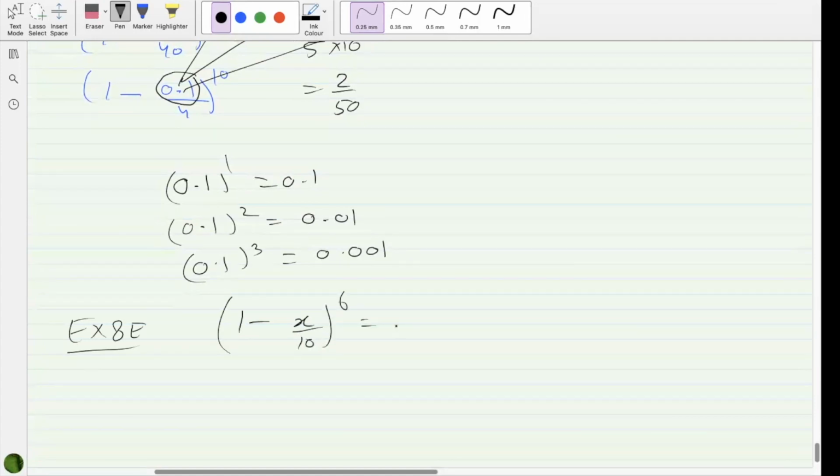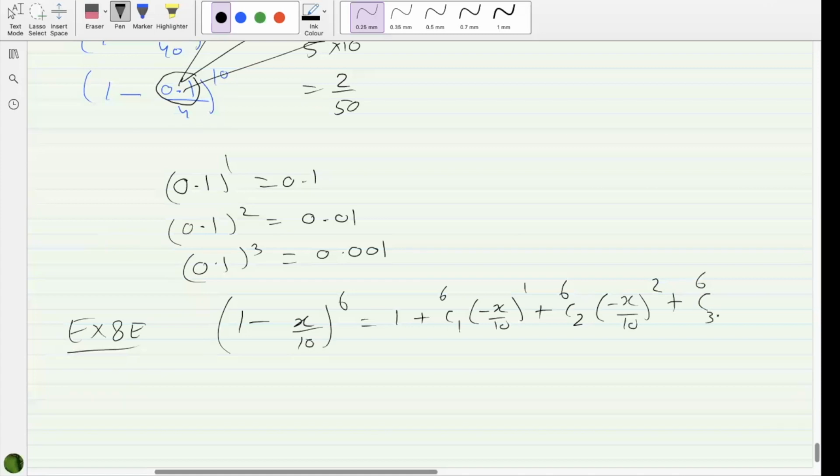We need first 4 terms. So first term plus 6c1 b1 plus 6c2 b2 plus 6c3 b3. These are the first 4 terms.